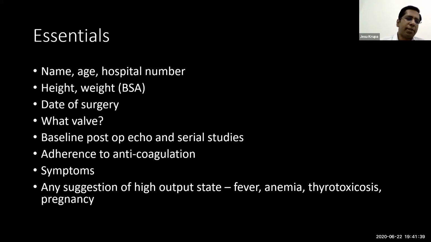And it is also good to see what was the baseline post-op echo and subsequent serial studies, because that will enable us to compare what was the valve like, what was the motion of the disc like, what was the gradients like, what was the LV function like. All those serial comparisons we can do when we compare the different studies.